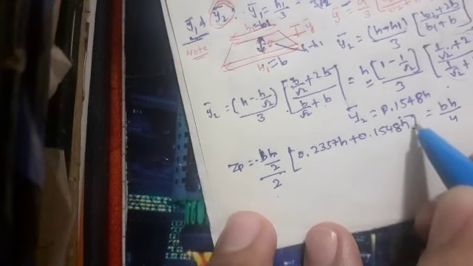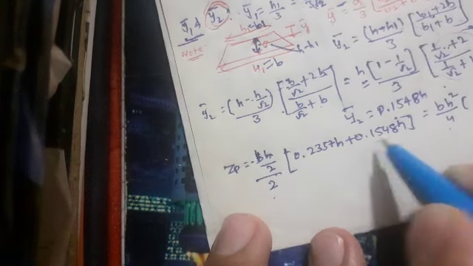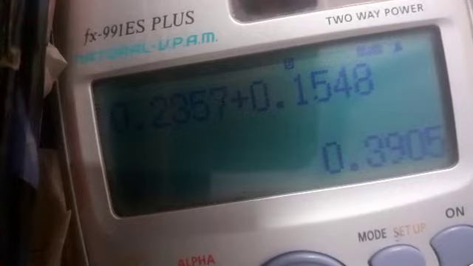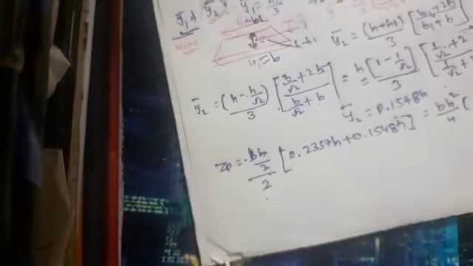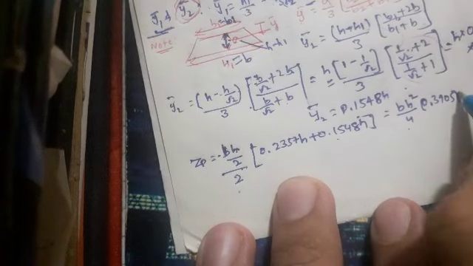into, the h I can take out, so it will be bh square by 4 into this particular value, 0.2357 plus 0.1548. So I'll get the value to be 0.3905.